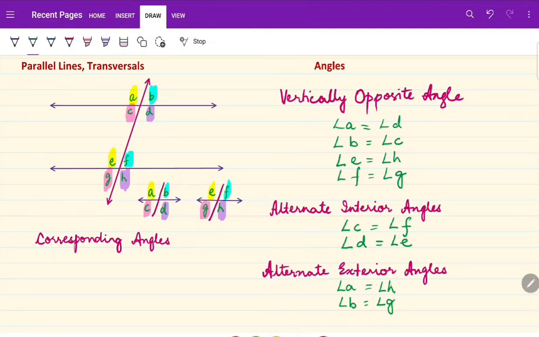So let's write that. Angle A will be equal to angle E. Angle B will be equal to angle F. Angle C equals angle G, and the measure of angle D equals angle H, right?